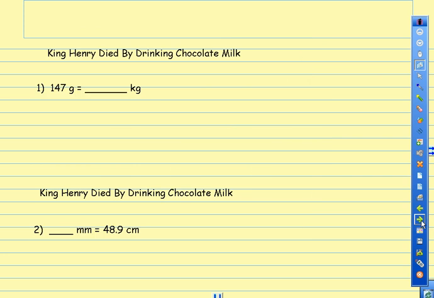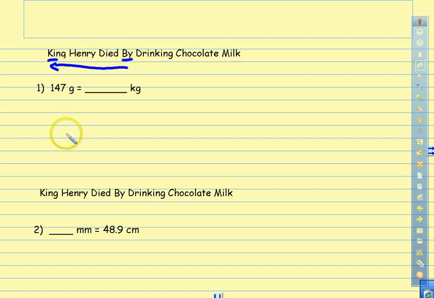So let's take a look at our first conversion. And we've written up here, King Henry died by drinking chocolate milk, so that can help you in understanding that. I'm going to do the first one with you. So if we are going from 147 grams, grams is my base. So I'm going to kilograms, which is going to be over here. So I'm going in this direction, and I'm moving 1, 2, 3 places to the left.